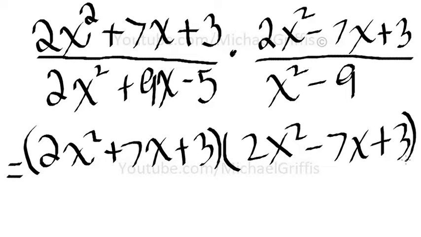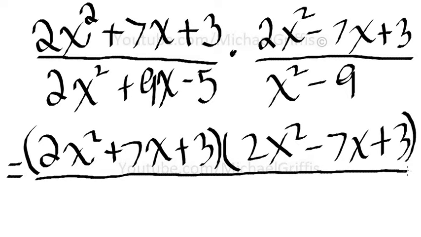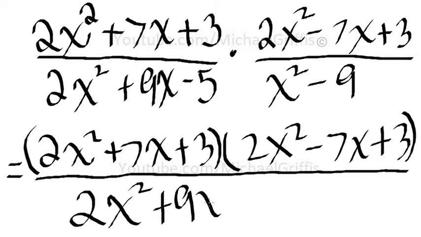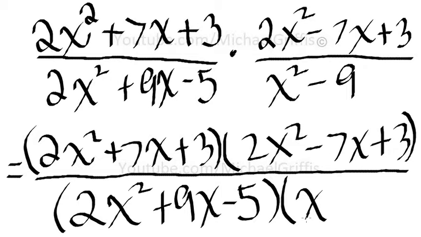One's minus 7 and the other one's plus 7, I guess. Okay. It's all over but the crying. No, just kidding. 9x minus 5. And then we've got the difference of two squares, x squared minus 3 squared, even though it says 9.